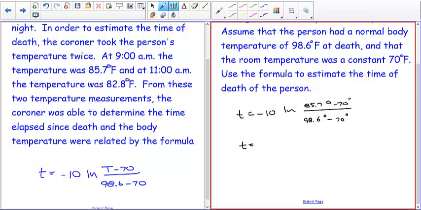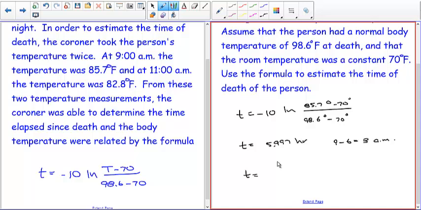Okay, so we have -10 times the natural log, so ln of 85.7 minus 70 divided by 98.6 minus 70. And I get 5.997 hours. So based on that, since that was at 9 a.m., 9 minus 6 hours gives you 3 a.m.